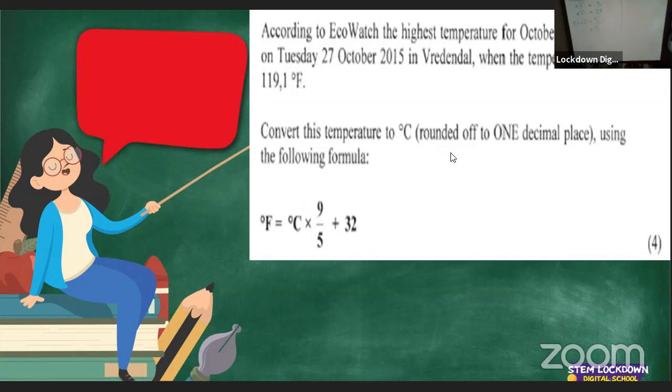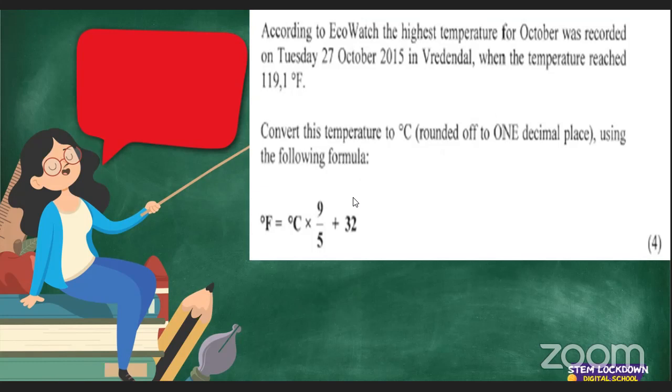Convert this temperature to degrees Celsius. Round off to 1 decimal place.